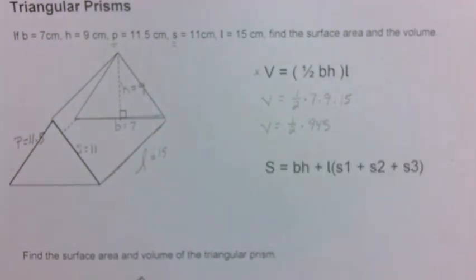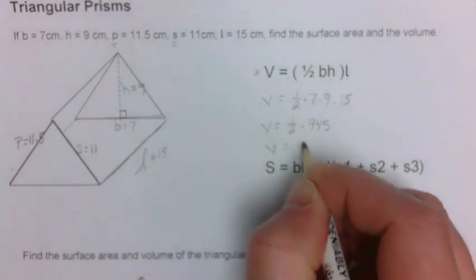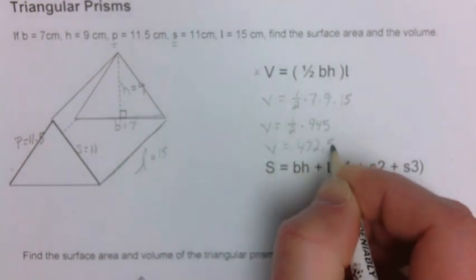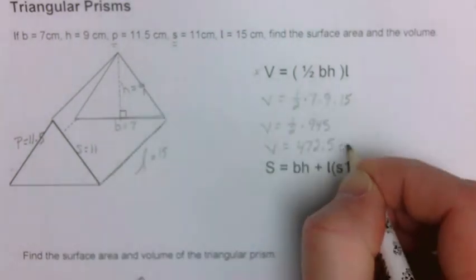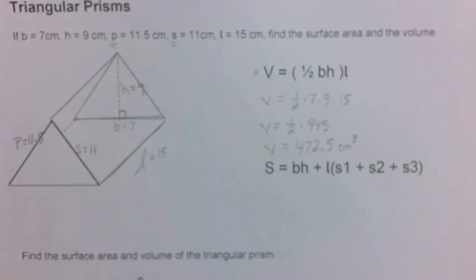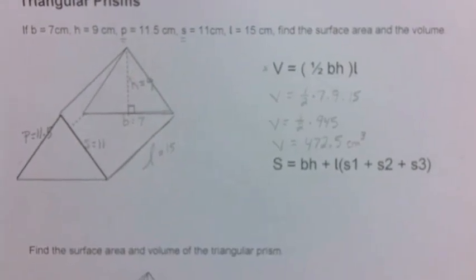So now all I have to do is find half of that number, and that gives me a volume of 472 and 5/10. And now the units, again, were centimeters cubed. 472.5 cubic centimeters is the volume of our prism.